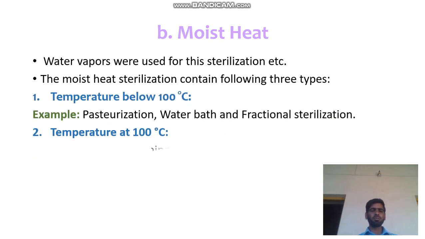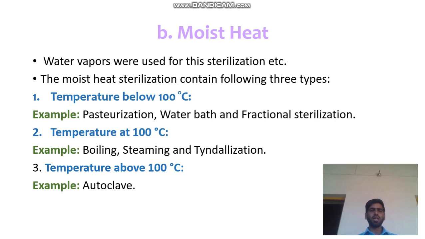The second and most important method of heat is moist heat. The difference between moist and dry heat is that in moist heat we use water molecules, and we use an instrument known as an autoclave, and the process is known as autoclaving. The temperature ranges from 100 to 121.